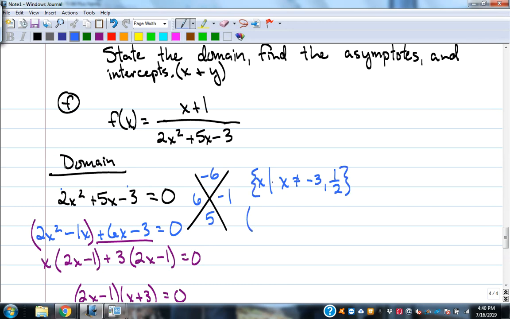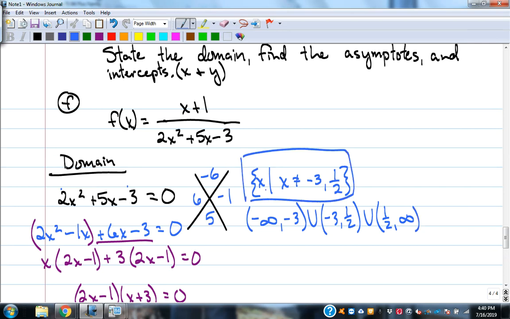If I wrote that in interval notation, that's kind of a long one, but we go from negative infinity to negative 3, parentheses, negative 3 to 1/2, 1/2 to infinity. I'm okay with you just doing set notation because you're going to be doing quite a bit of stuff here.